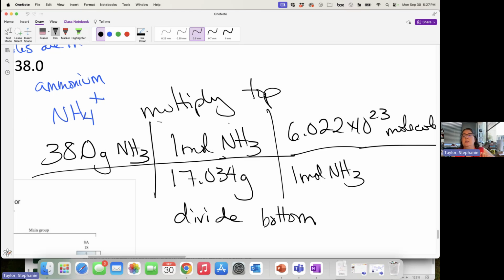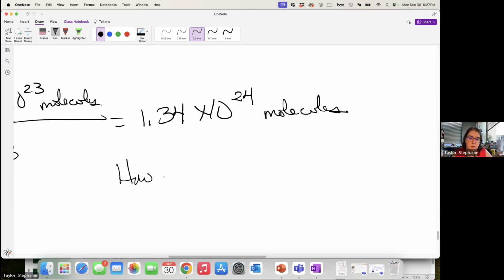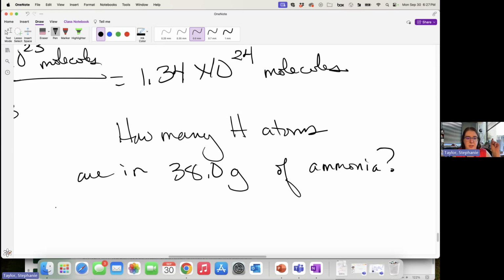If we wanted to know how many hydrogen atoms are in 38 grams of ammonia, all we have to do is take the last number we had and copy it correctly.